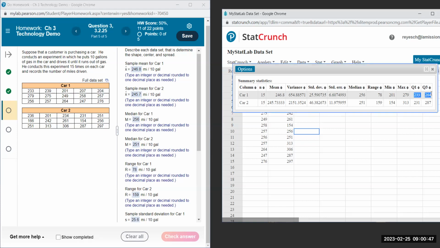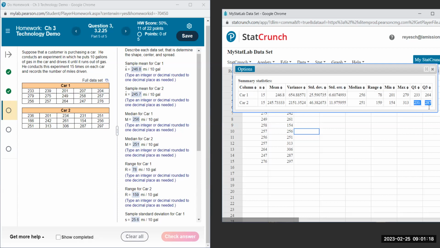So for car 1, the typical values would be anywhere between 233 and 264. And for car 2, where the median is 251, the typical values would be 231 to 287. So this would be the little window for car 2 as to what the typical miles per tank you could get. And that one's more spread out than this one.